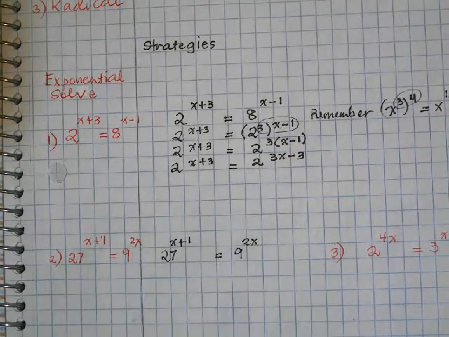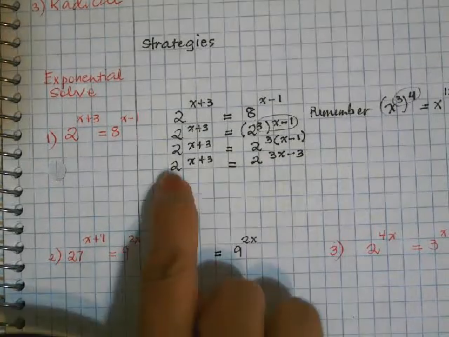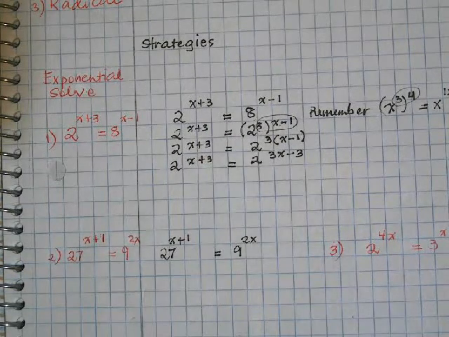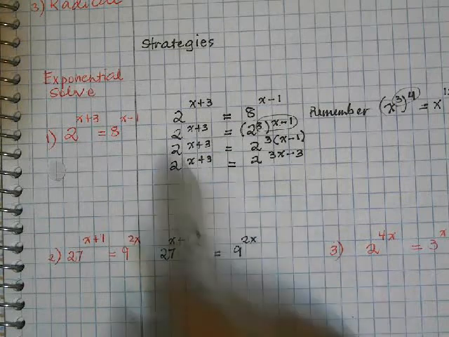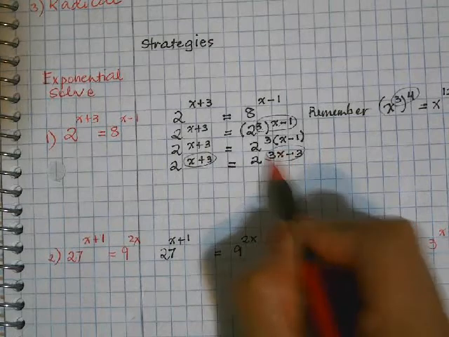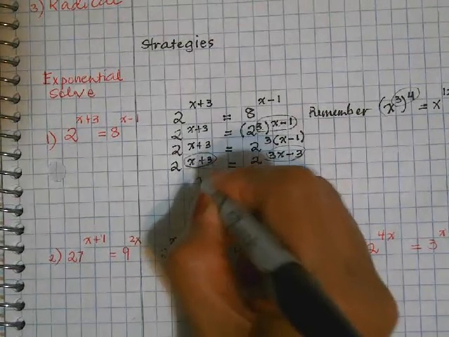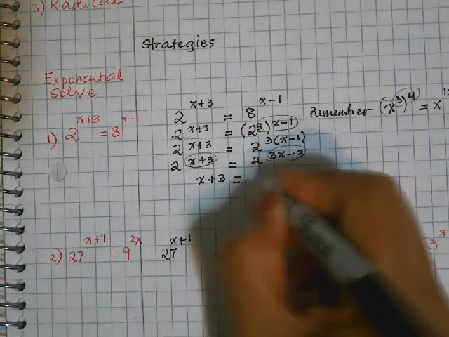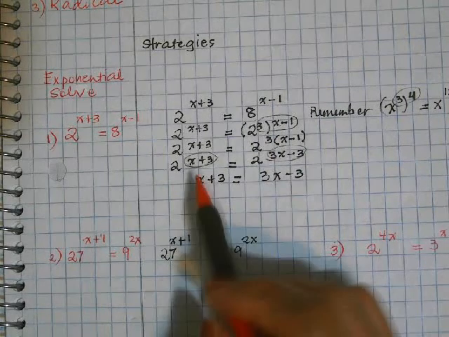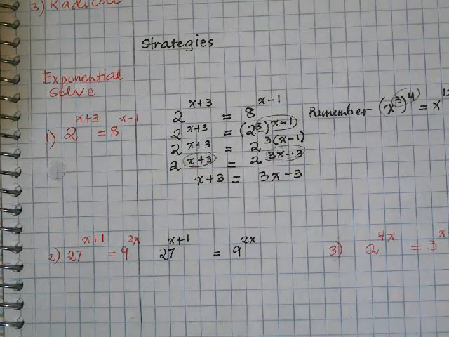If you look at this scenario here, these two sides will be equal. 2 to what power is equal to 2 to what power? Their powers should be the same. So we will say that this exponent should be the same as this exponent. Therefore, x plus 3 should equal 3x minus 3. The bases are the same, so our exponents should also be the same.